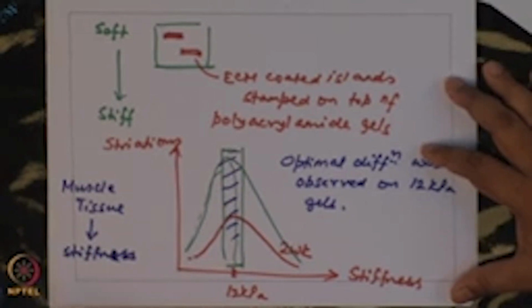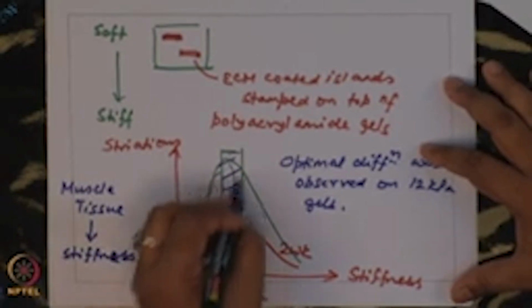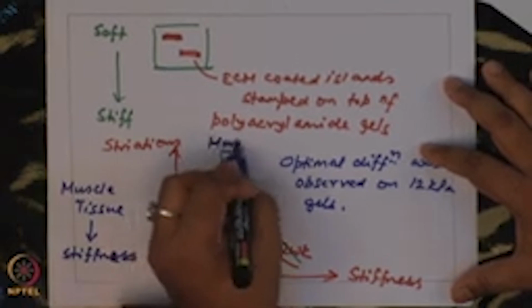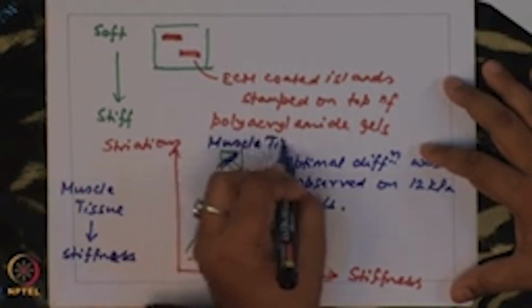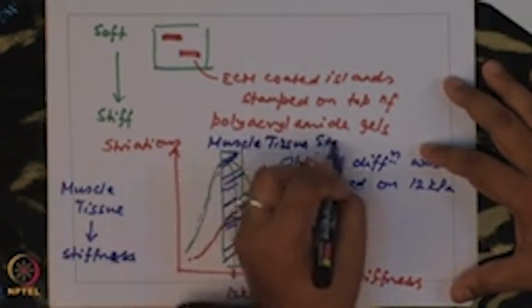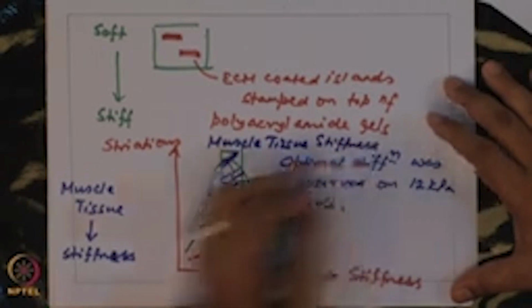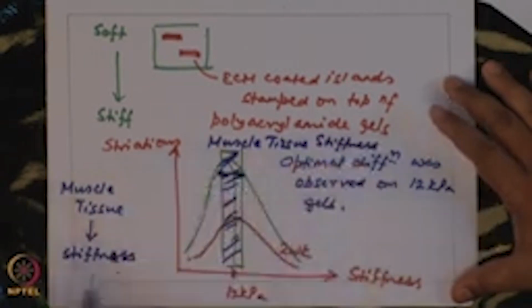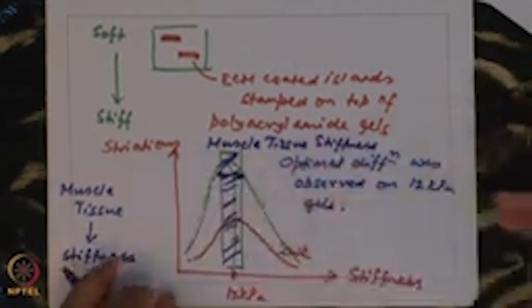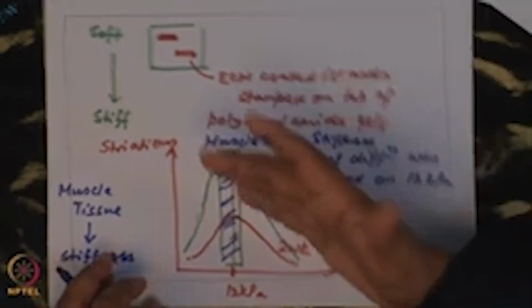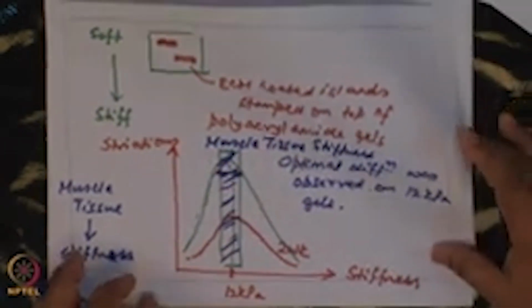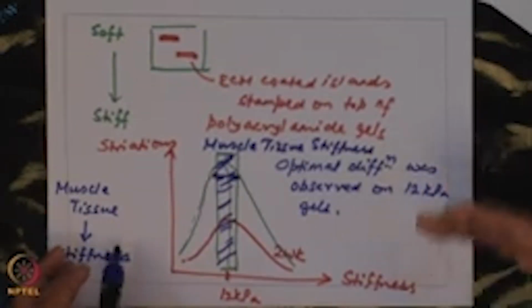And what the authors found was the stiffness of muscle tissue was exactly in the zone in which maximum amount of striations was observed on these gels, suggesting that muscle cells differentiate optimally on muscle like environments.